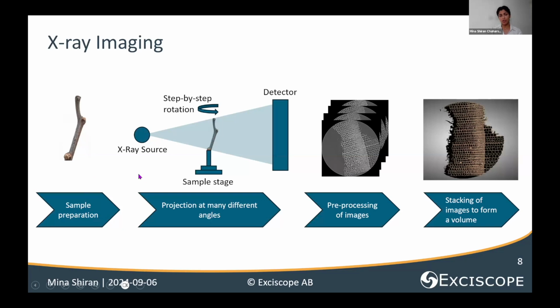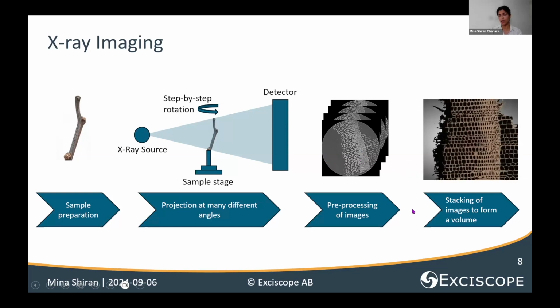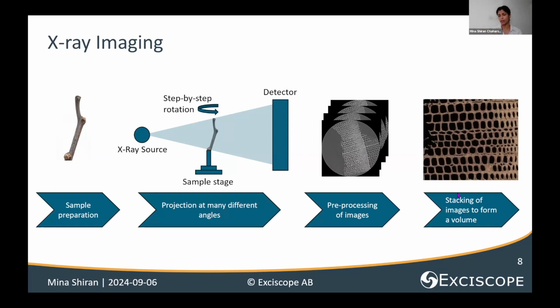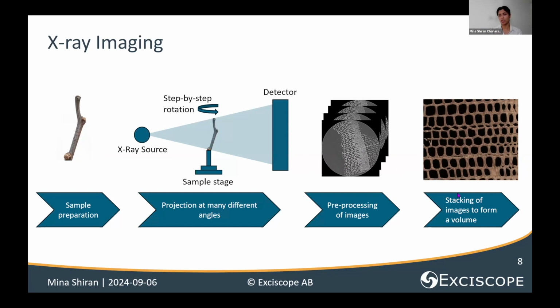So after projection at many different angles, about 1000 to 2000 angles, one needs to go through pre-processing of images to be able to create these transversal slices. And then by stacking these transversal slices on top of each other, it is possible to create this volume data. And then it is possible to slice this volume data in different directions and get the information that is necessary.